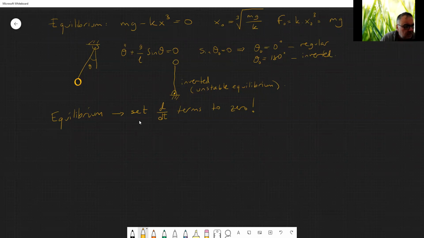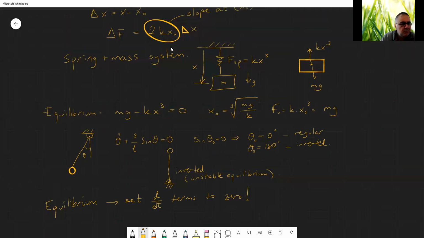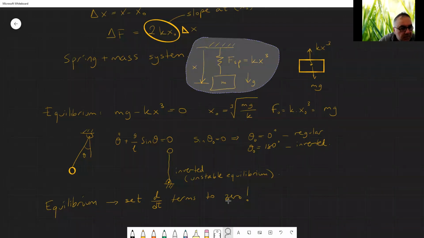Okay, so let's continue with our problem. This was a pendulum. No, not the pendulum, this one, the spring mass system. Let me just copy, let's not draw it again.